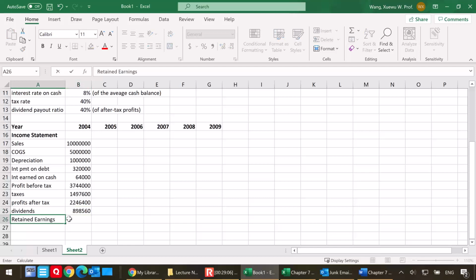That's just the difference between your profit after tax minus the dividends you paid out, which is actually $1.34 million. So this just modeled the financial statements we have observed from this company as of 2004.